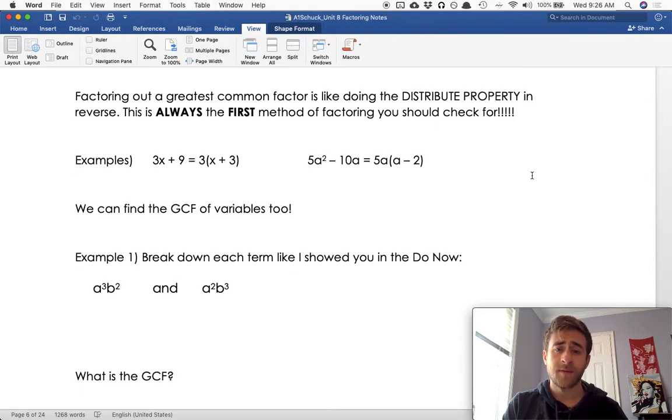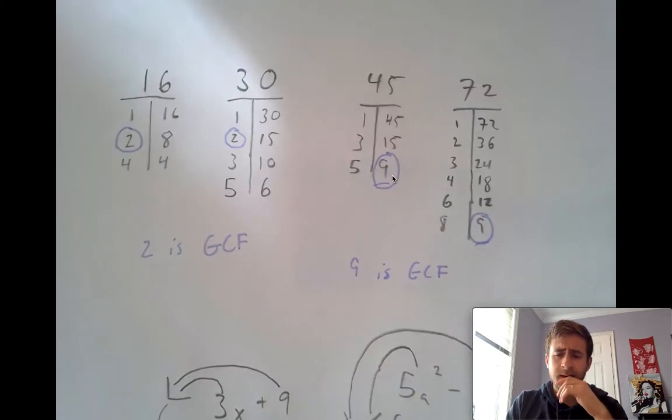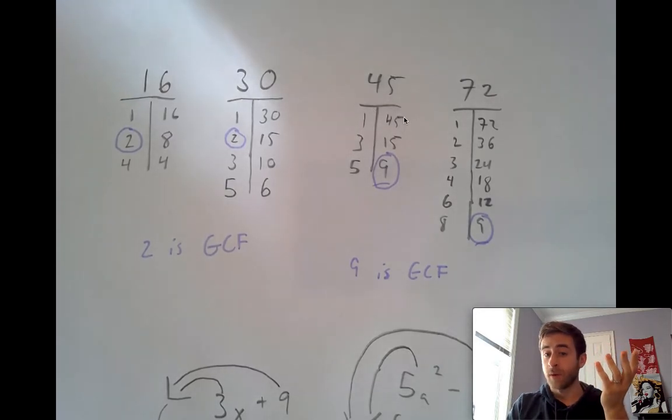Factoring out a greatest common factor is like doing the distributive property in reverse, and this is always the first method of factoring that you should be checking for. Back to the do now: when I'm finding the GCF, really what I'm doing is finding the biggest number that I'm able to divide out of both of these. 45 can be cleanly divided by 1 and 45, 3 and 15, or 5 and 9, and 72 with all of these.